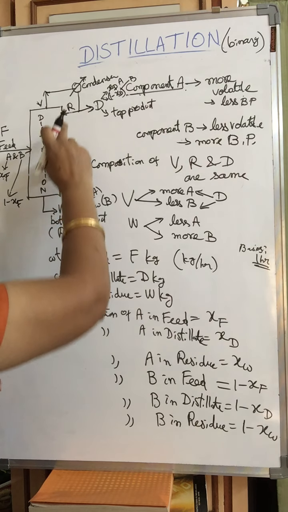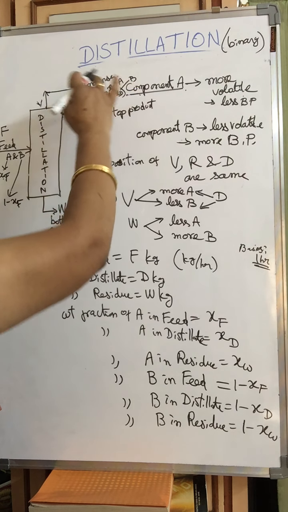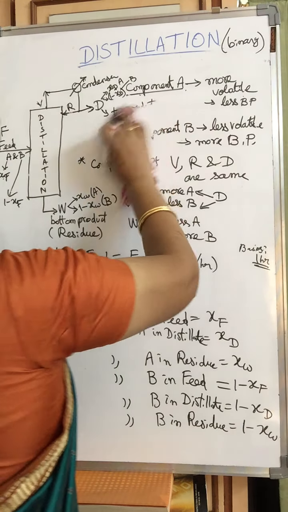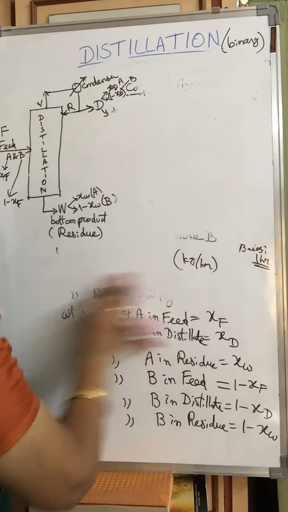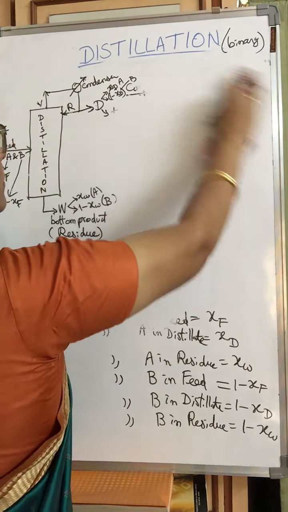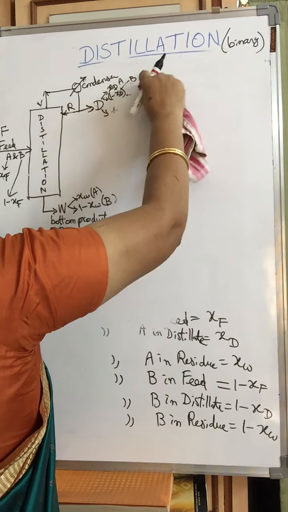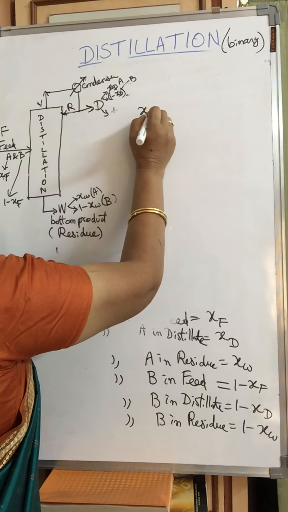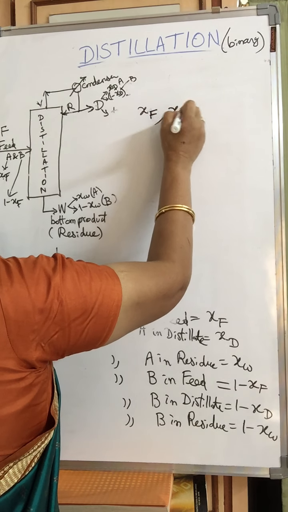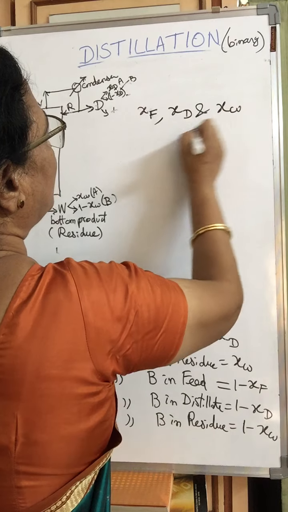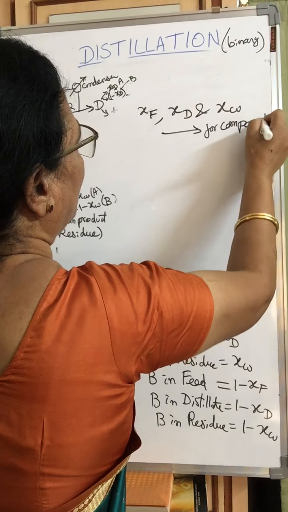So what are the important points we should remember when we write? Composition is same for V, R and D. And another thing is, here we use XF, XD and XW only for component A. This is the easy way to remember.